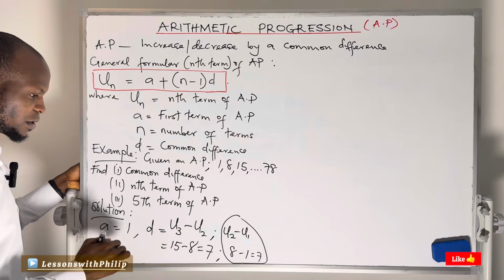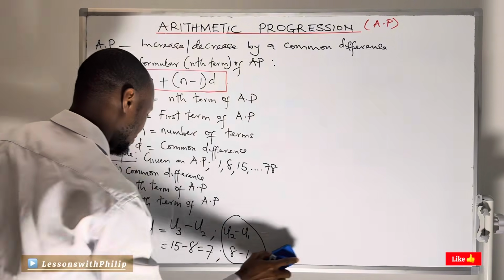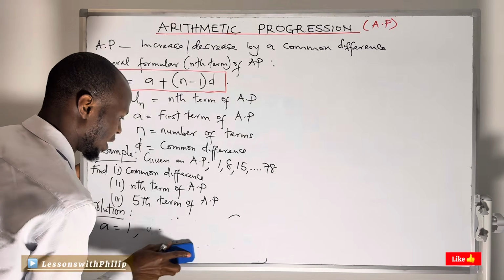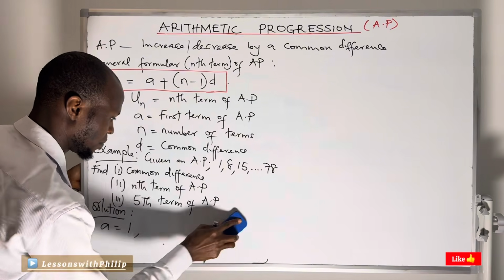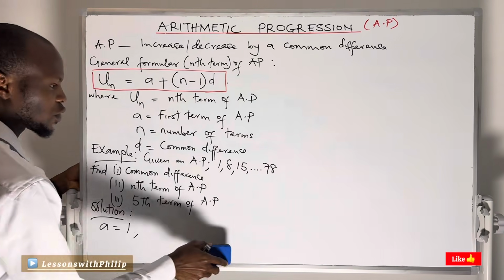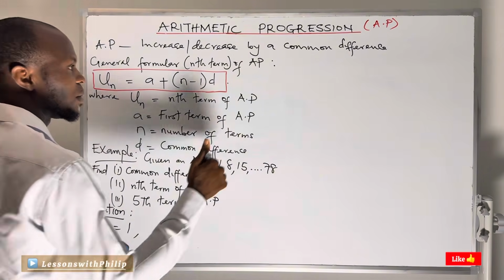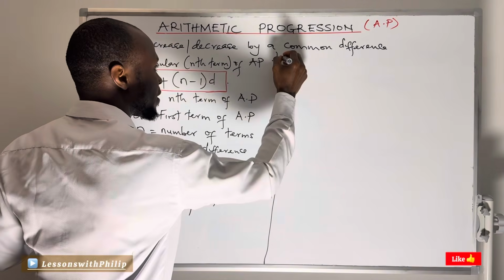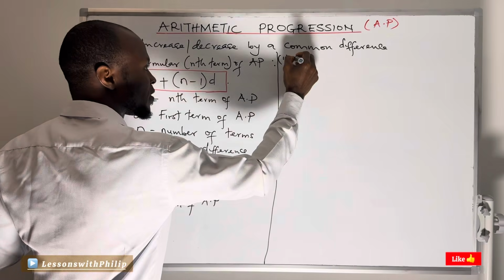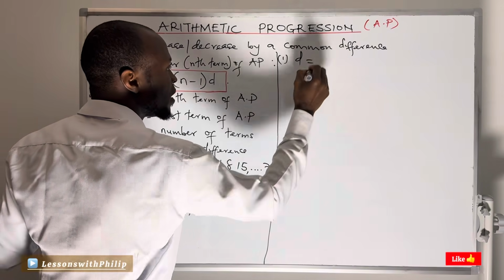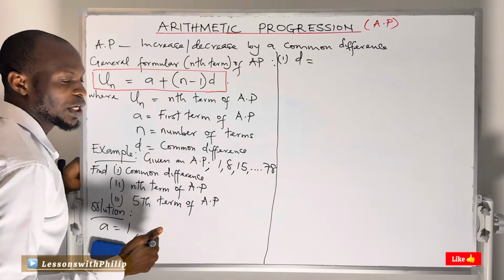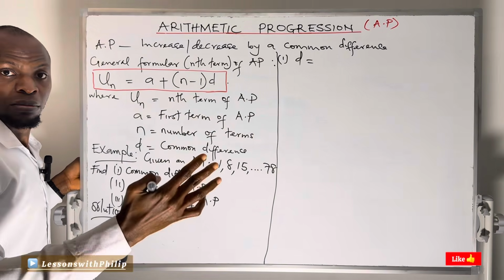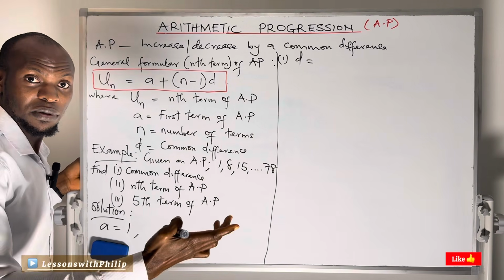Number 1, let me do it gradually. The first question says I should find the common difference. The way to calculate the common difference is to subtract two consecutive terms.